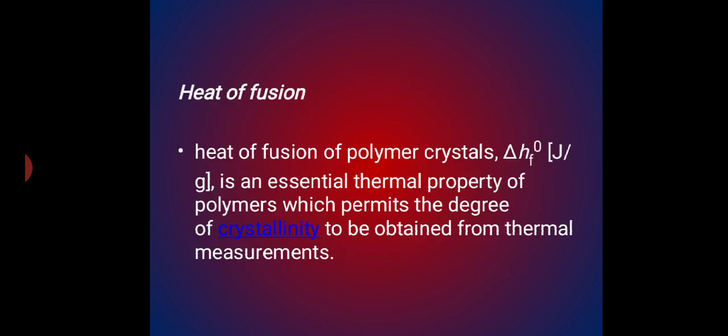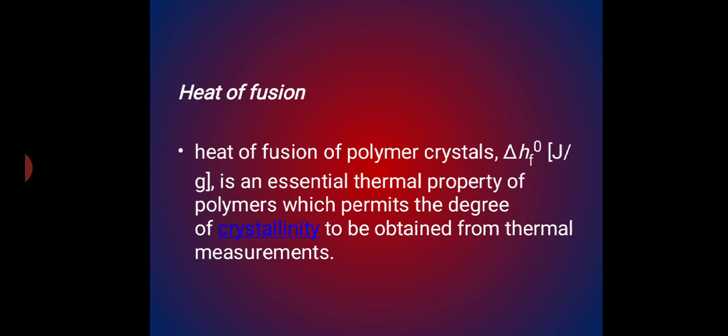Now, the next one is the heat of fusion. The heat of fusion of a polymer, given as delta H, is an essential thermal property of the polymer which permits the degree of crystallinity to be obtained from thermal measurements.